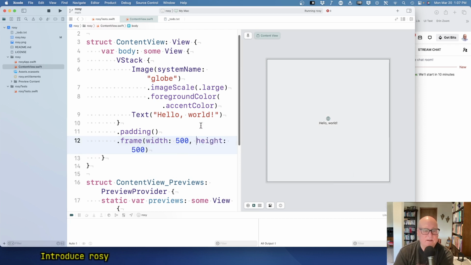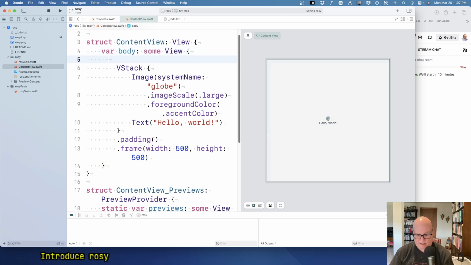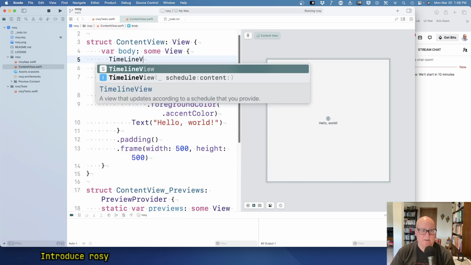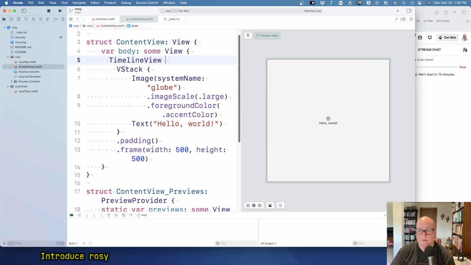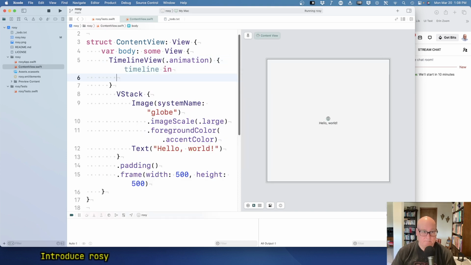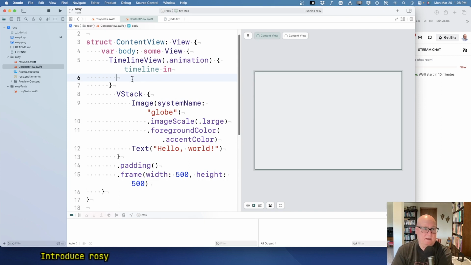And I think, let's see, I'm going to try, well, let's put all this in a TimelineView and just see how that goes. And then we can tell it animation says call me a lot. Okay, and so it will call this repeatedly.